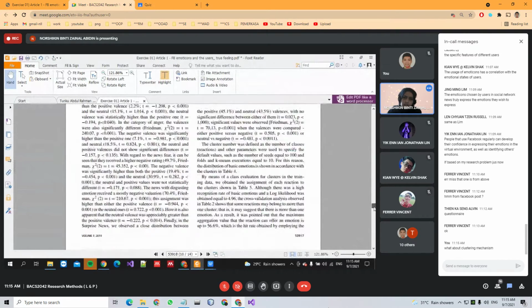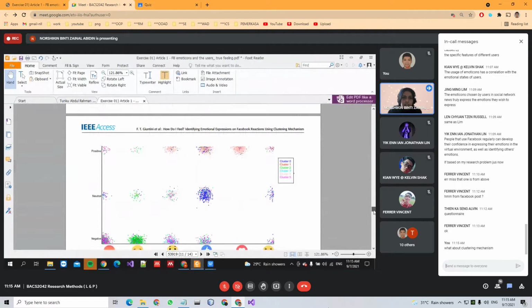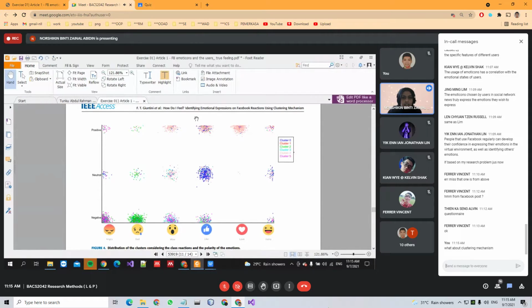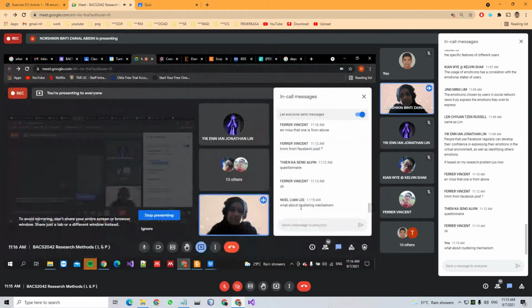It is used after they already get the data, to analyze the data to produce the result. So clustering mechanism is the method to analyze the data.